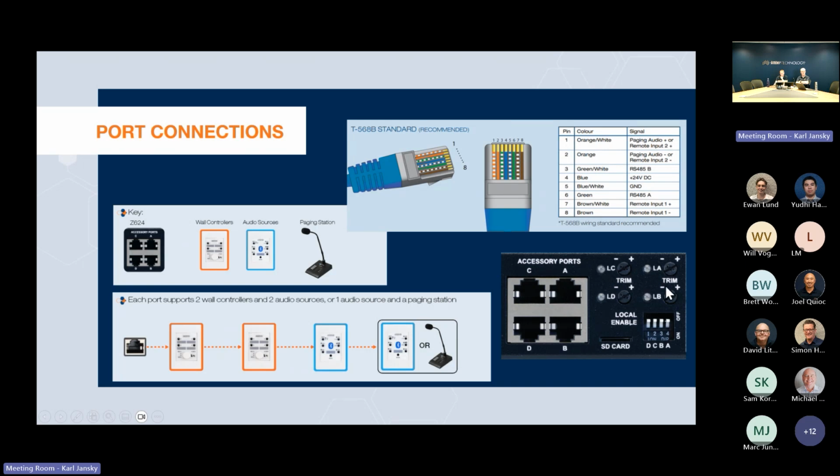On the rear of the product, you can adjust the gain level, and then you need to activate one of the dip switches on the back corresponding to if you want to use the local input on that port. So as an example, on accessory port A, that would be the zone output A.